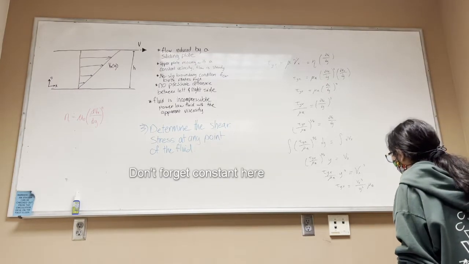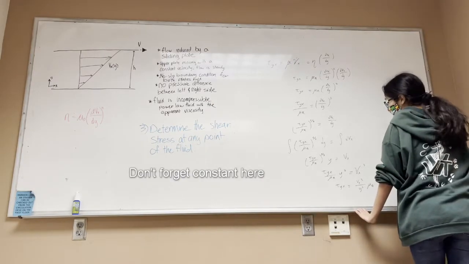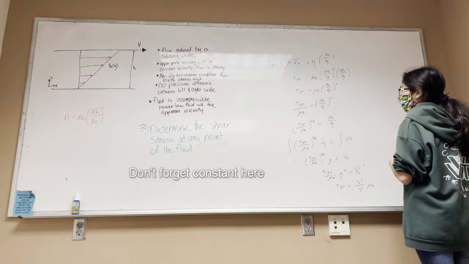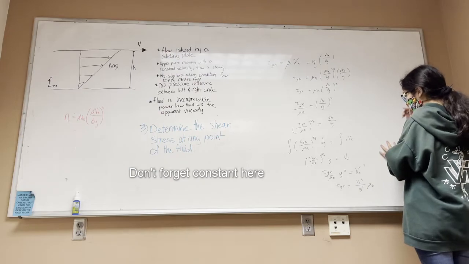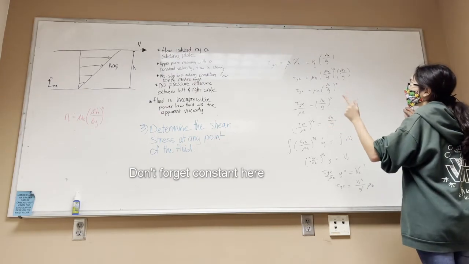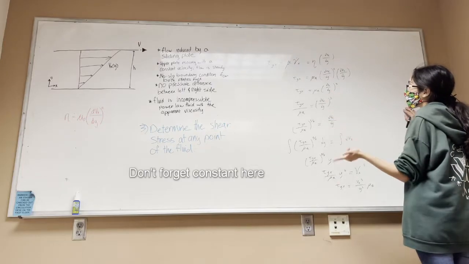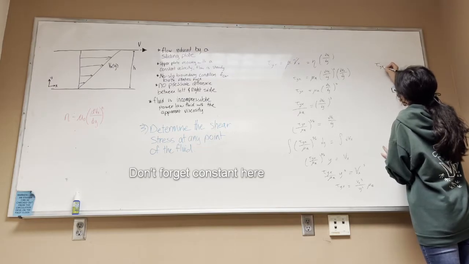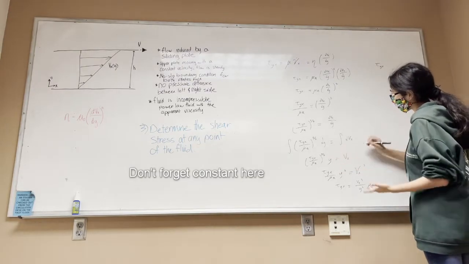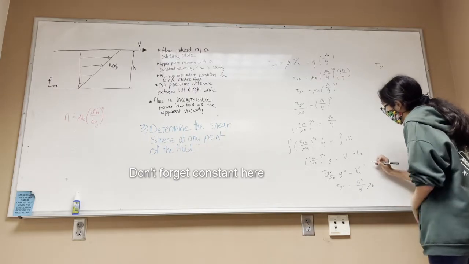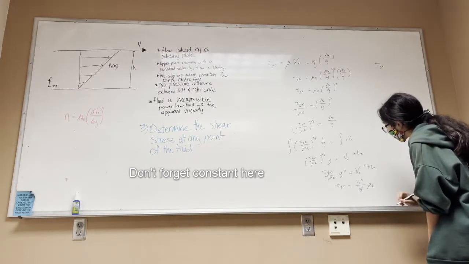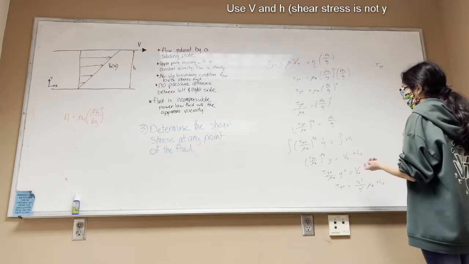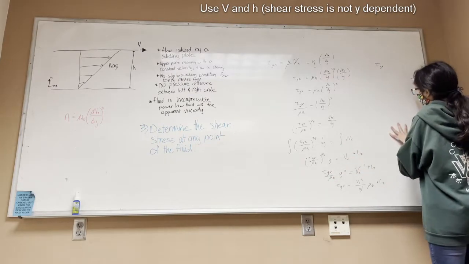This isn't the final answer though, because dx and y can change. And we were given v and h in the problem, so we want to use the terms we were given. And don't forget, like I did, that you would have an unknown constant, because we didn't have any boundary set for the integral.